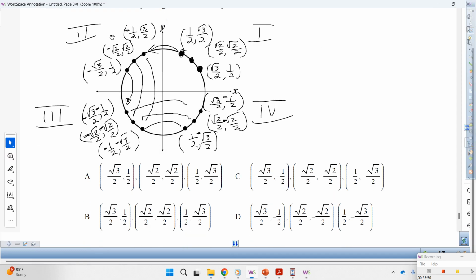What do we know about quadrant 2? That the x's are what? Negative. So the correct answer is, these are all positive, these are all negative. This one, the y is negative, so the correct answer is A.